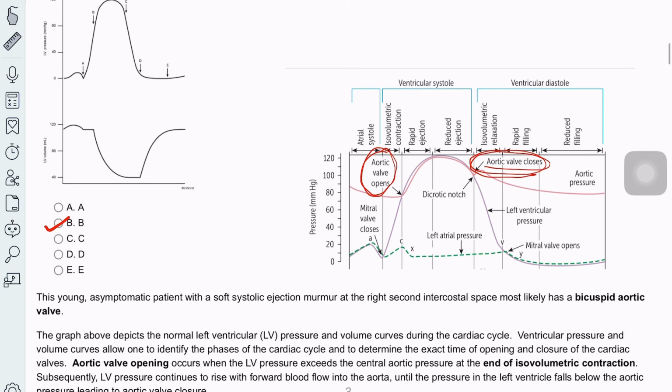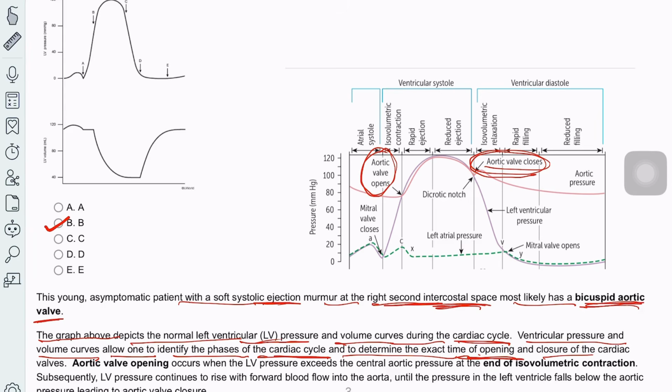So this young asymptomatic patient with a soft systolic ejection murmur at the right second intercostal space most likely has a bicuspid aortic valve. The graph above depicts the normal left ventricular pressure and volume curves during a cardiac cycle. Ventricular pressure and volume curve allows one to identify the phase of cardiac cycle and to determine the exact time of opening and closure of the cardiac valves.